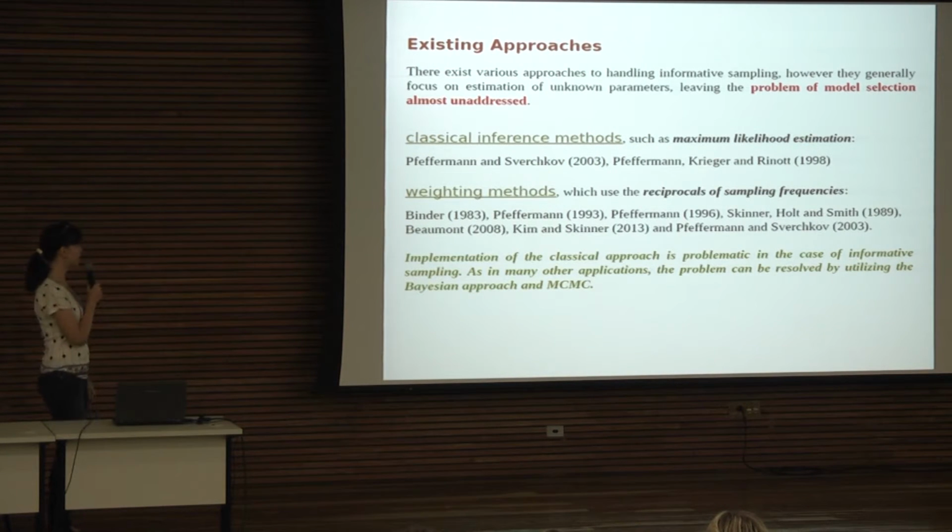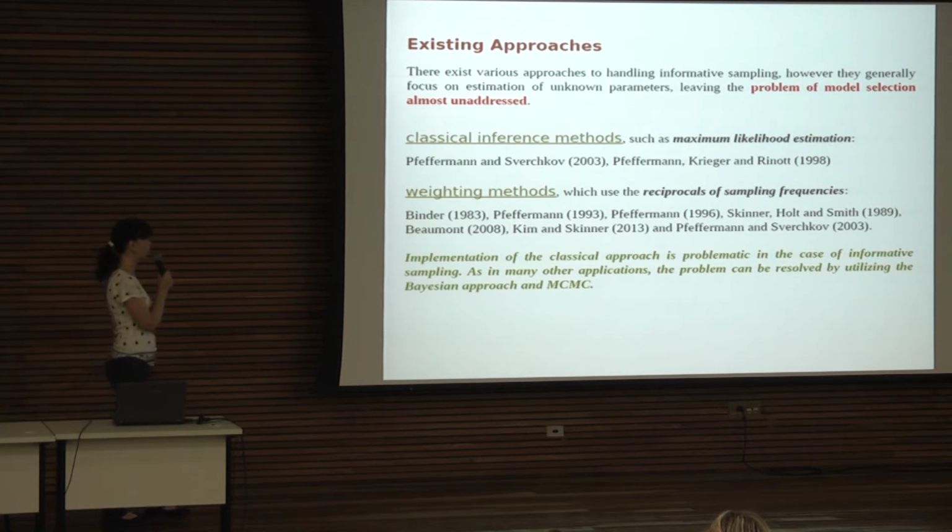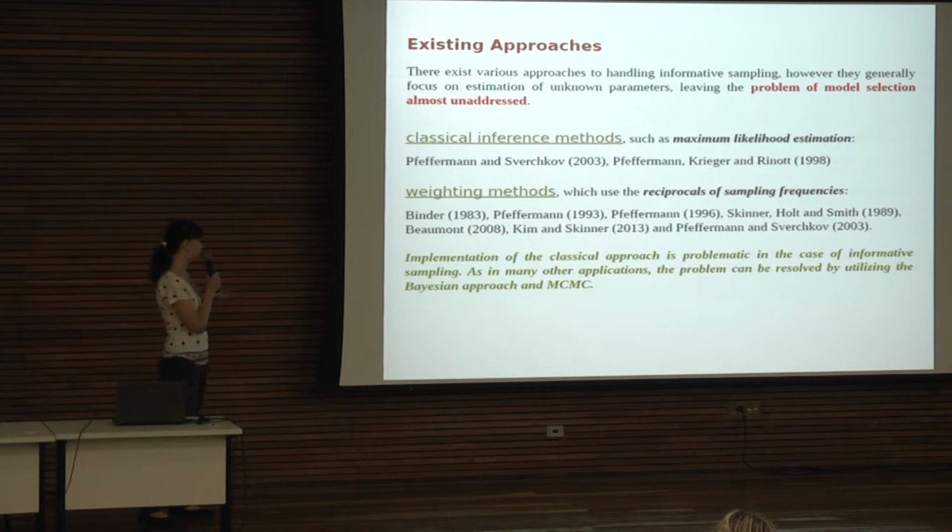There exist various approaches to handling informative sampling. However, they generally focus on estimation of unknown parameters, leaving the problem of model selection almost unaddressed. There are classical inference methods, for example, maximum likelihood estimation. The other type of methods is weighting methods, which use the reciprocals of sampling frequencies.